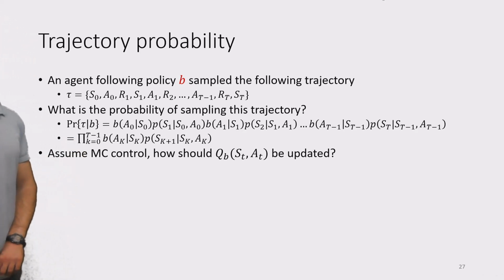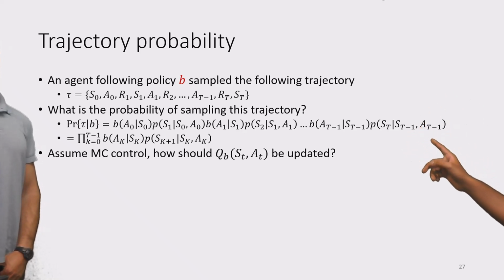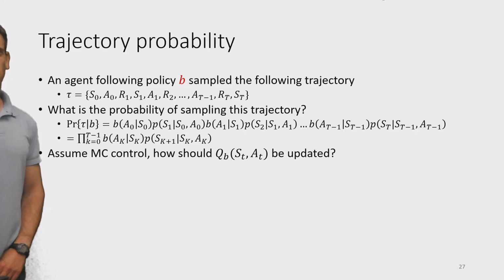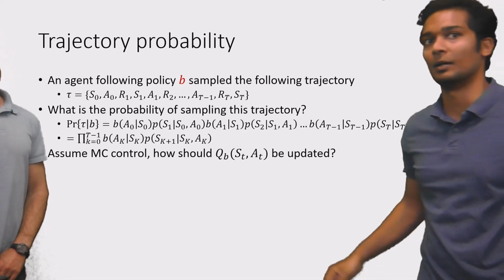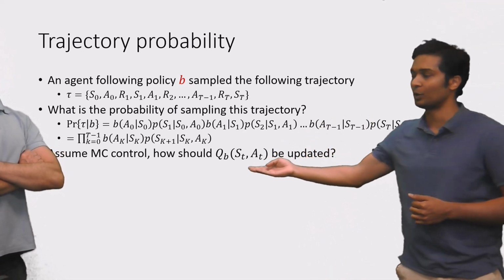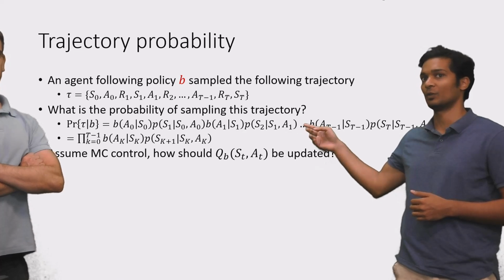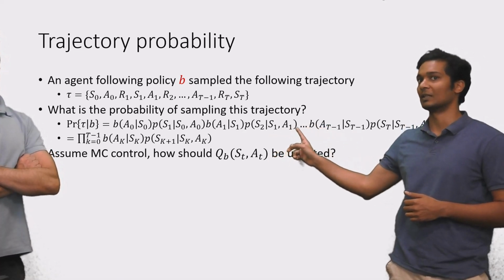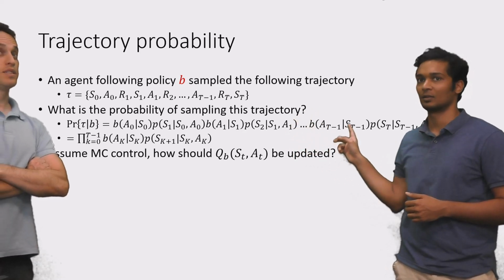So here the policy B is the same as the probability distribution. B is a policy, right? But it also gives a probability distribution here, because now we have P for probability, and then we also have B as a policy. B is a soft policy, right?